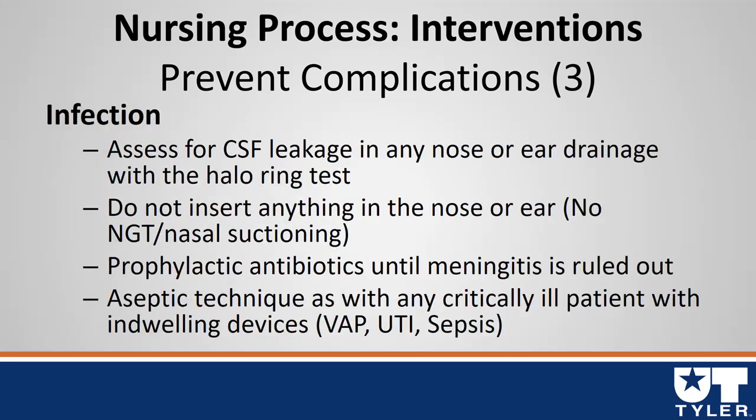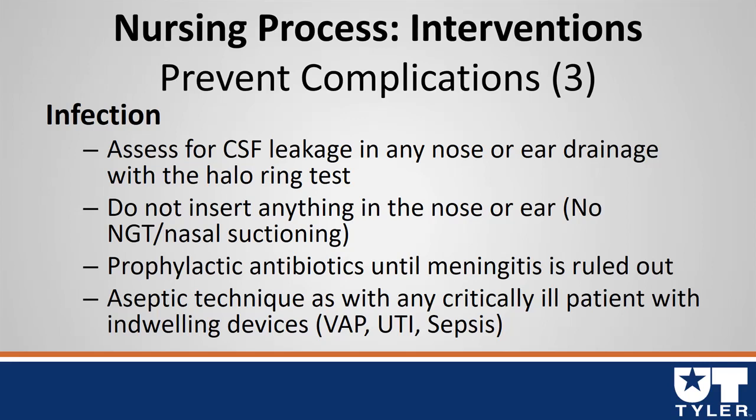Head injury patients are at high risk of infection, especially if you confirm they have CSF leakage. Remember the halo ring test. Don't insert anything into the nose or ear if you suspect a CSF leak. This means no NG tube, no nasal suctioning or airway, such as a nasal trumpet, no dressings or gauze placed inside the nose or the ear for drainage.